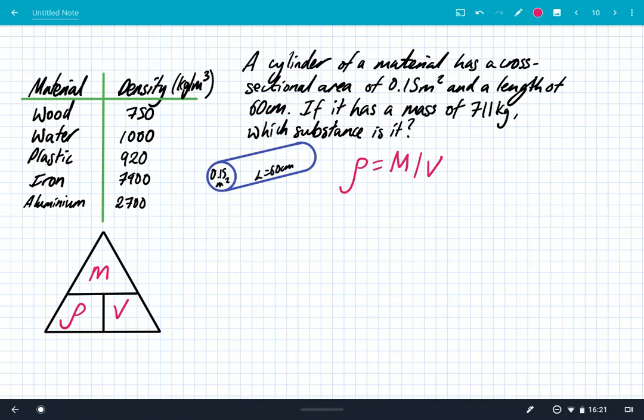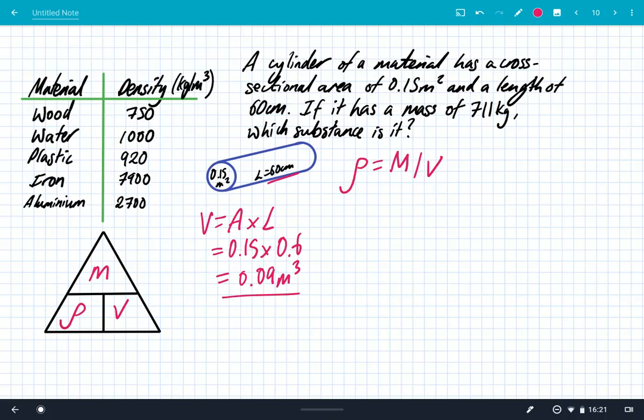We don't have the volume, so let's work that out. Volume is cross-sectional area multiplied by the length. The cross-sectional area was 0.15, and the length of this material is 60 centimeters, but we're going to use meters here because we're using SI units. So we do 0.15 times 0.6, and that gives a volume of 0.09 meters cubed.